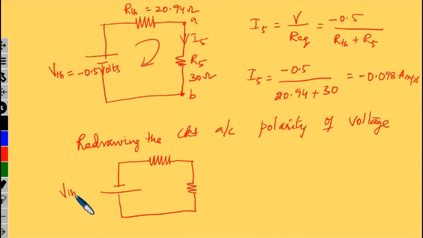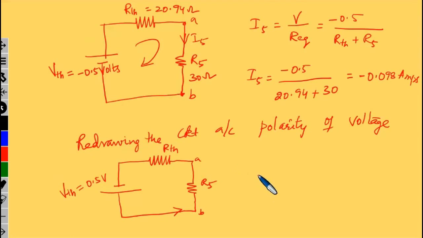So this is V Thevenin equal to 0.5 volts, R Thevenin, and this is your R5, and this is how the current is flowing from B to A. So this is how you are going to find the value of the current or voltage which is asked in the question.